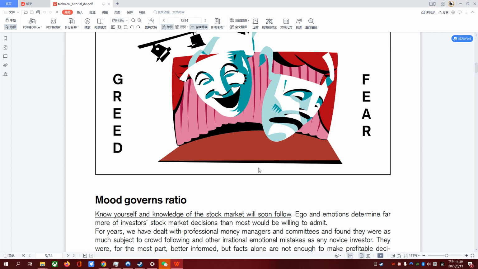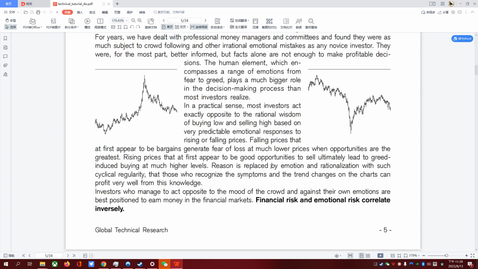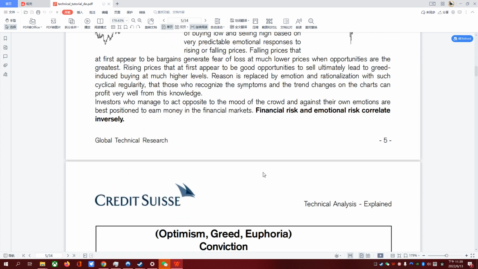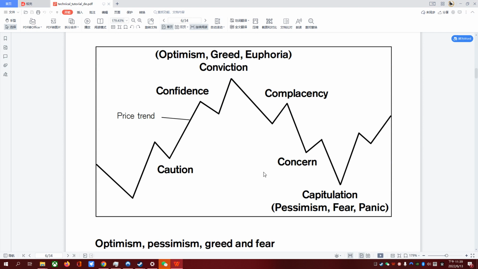So you have to be able to control and monitor your emotions, and be mentally isolated from your portfolio. That is a very, very important technique if you want to become a trader, if you want to invest and grow your personal account. That is the key quality if you want to be profitable.